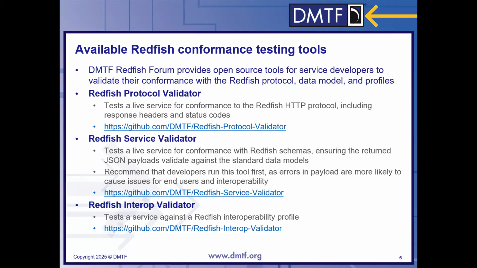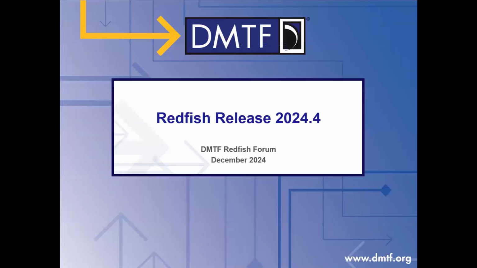And then lastly, the interop validator will apply a Redfish profile that you may have created or may have acquired from another organization like the Open Compute Project, and then can test conformance of a particular product to that profile.